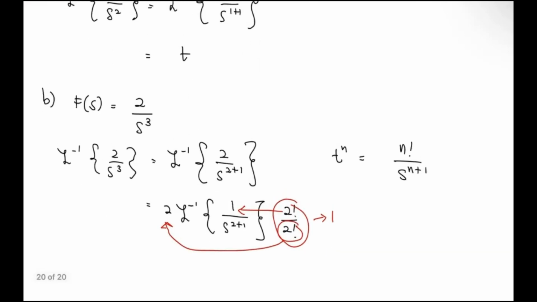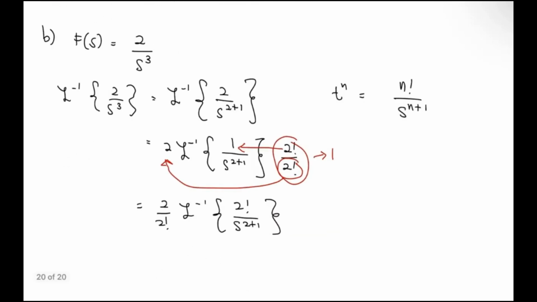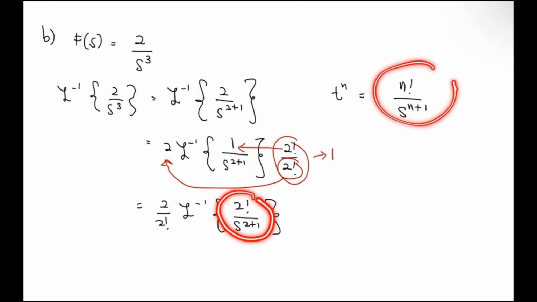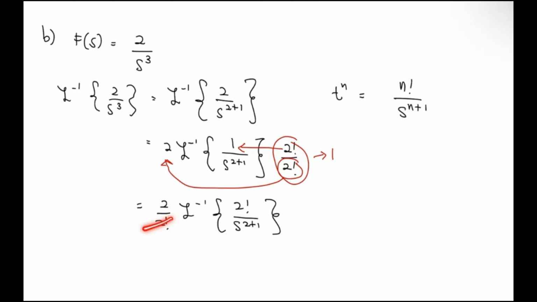So we modify this function so that we have 2 over 2 factorial, times the Laplace transform of 2 factorial over s^(2+1). So now you can compare this one and this one. Here we have n factorial over s^(n+1), here we have 2 factorial over s^(2+1), and this 2 factorial and 2 factorial here can cancel out.